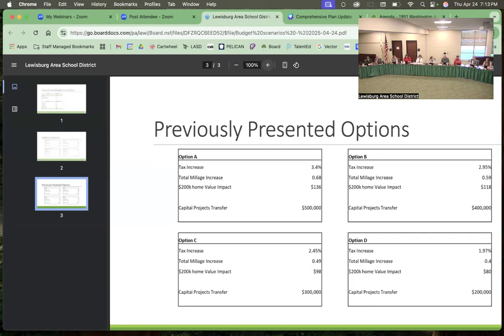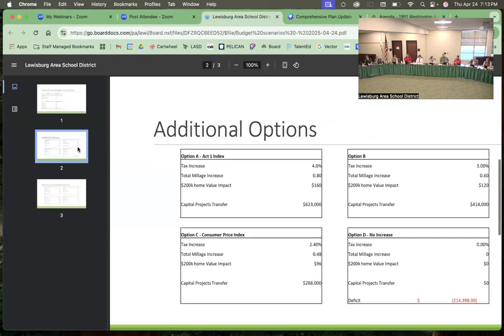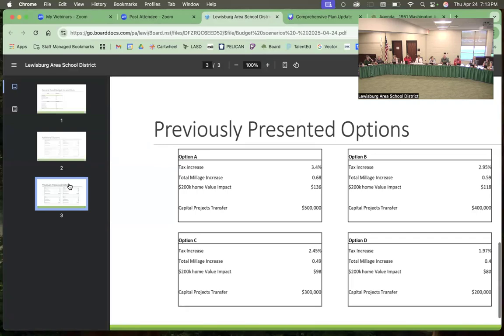So I think you're leaning towards option C. But not this option C, the other option C. I don't remember what it was, but it was something. Yeah, 2.4, 2.45. No, I think I'm looking at option B that was presented previously, right? The 1.97, because that's the 200,000 of the numbers that are on the screen.